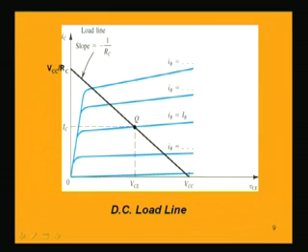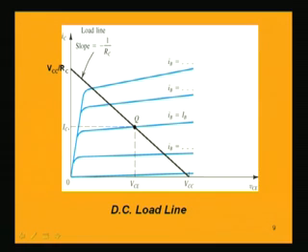This Q point gives the DC values of the collector to emitter voltage VCE and collector current IC. So, this is the load line for this particular transistor amplifier which is in class A type of operation.